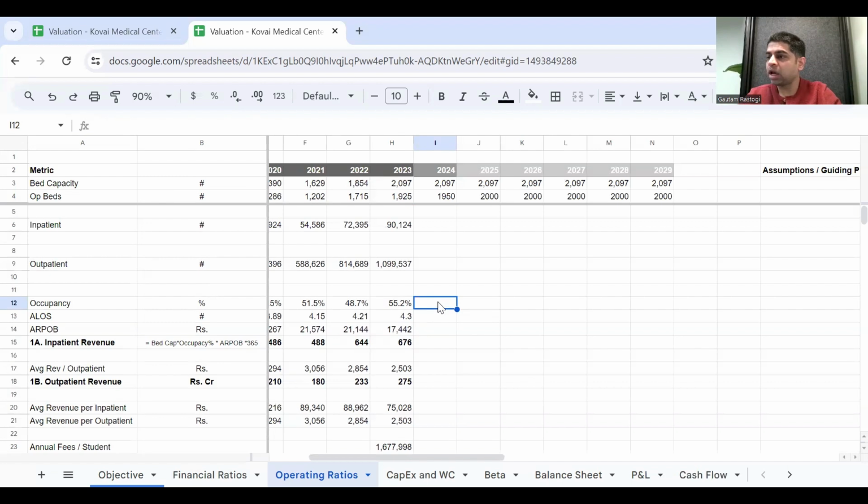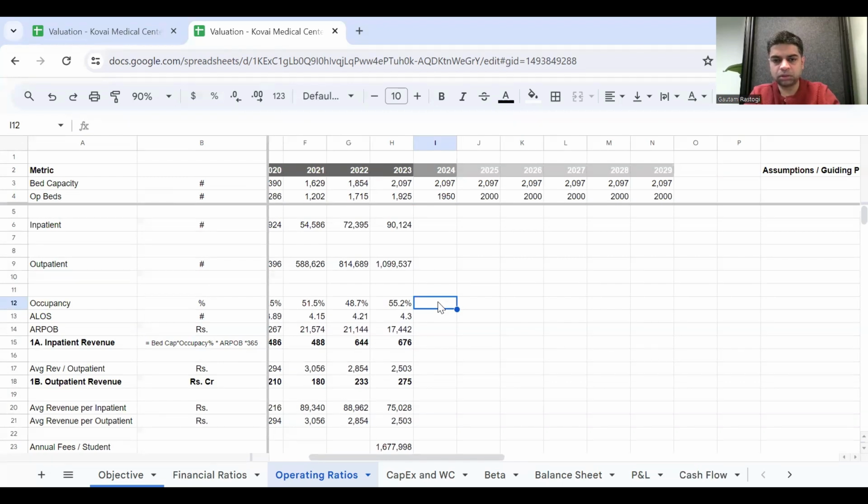And why does the occupancy increase gradually? Because it's driven by specialty centers, the new medical treatments they have. So they'll have a larger footfall. And plus they have this medical college, so slowly they'll have more patients coming in.